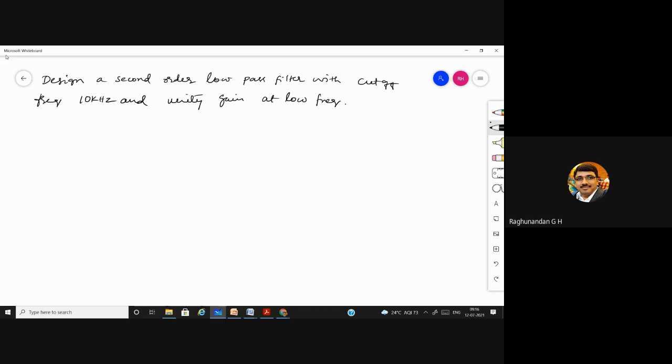Okay, I'll give it as 15 kilohertz. Also calculate the voltage transfer function magnitude at 20 kilohertz for the filter.